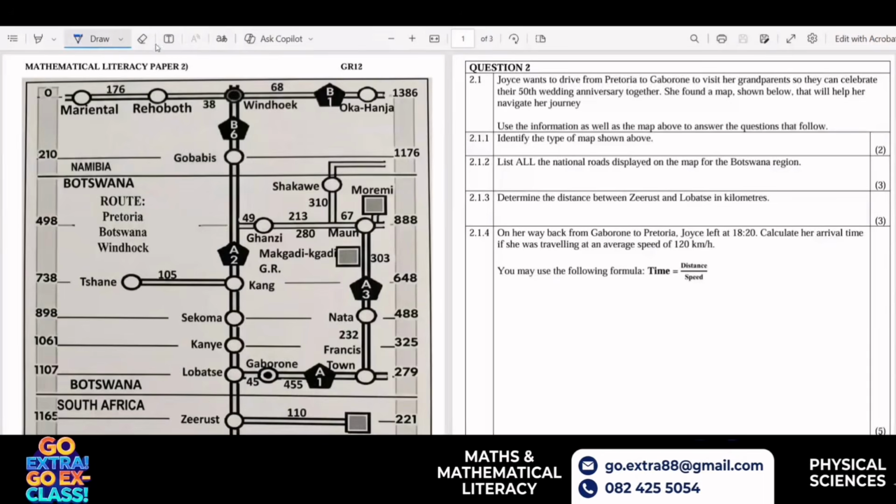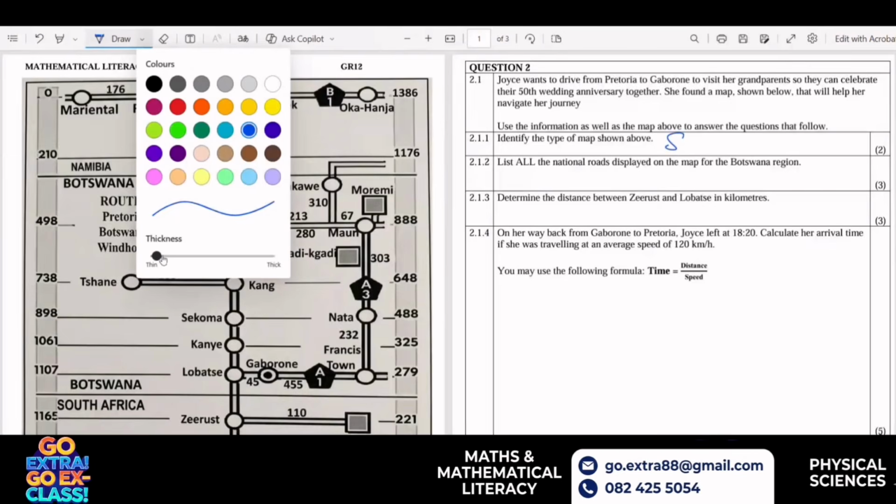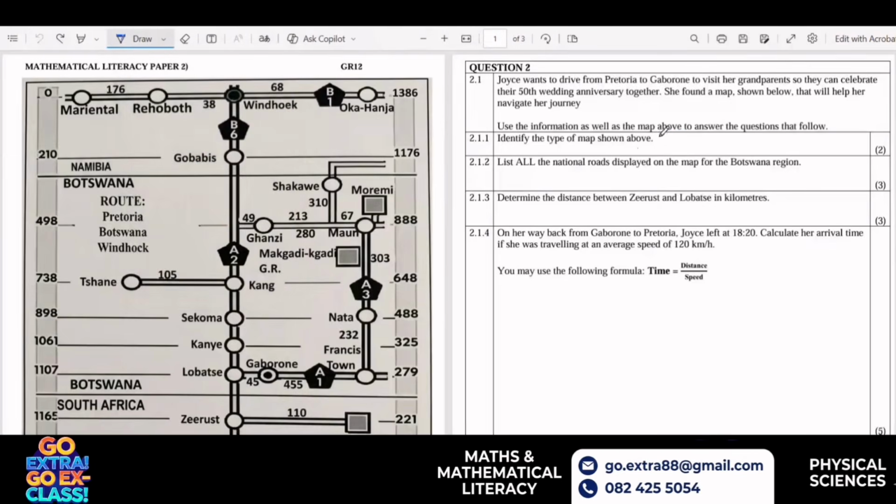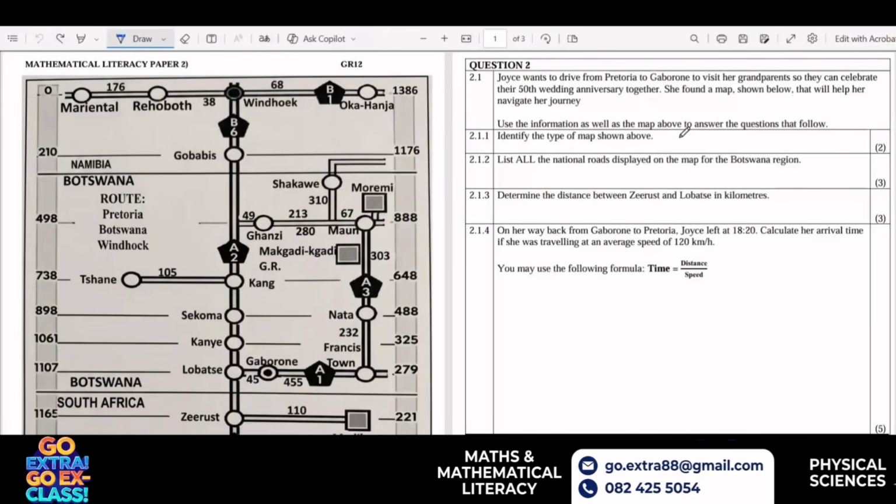By now you should know this is a strip map, or if you like you can say chart. So this is a strip chart. That was so simple again.